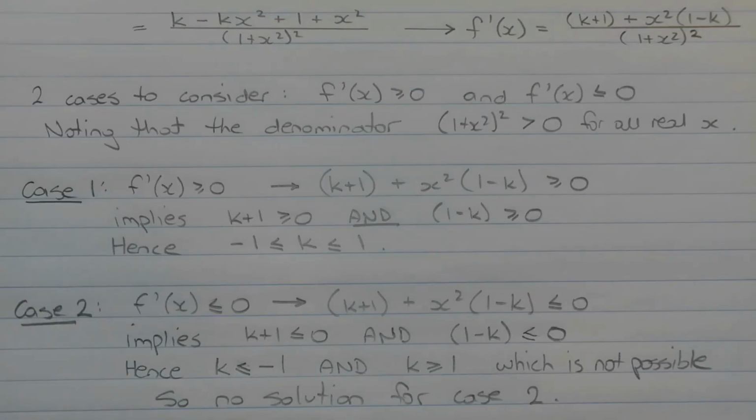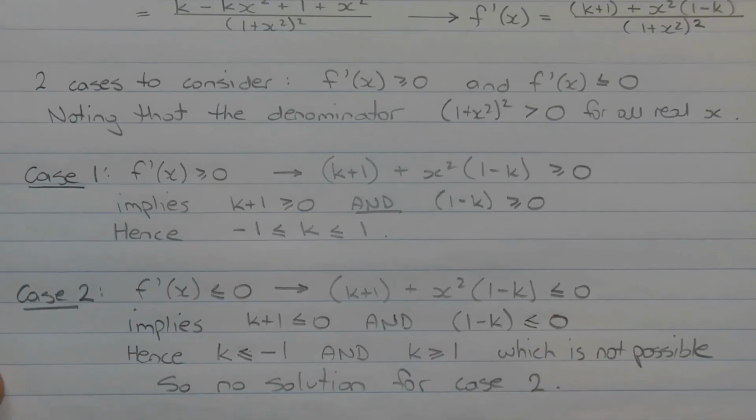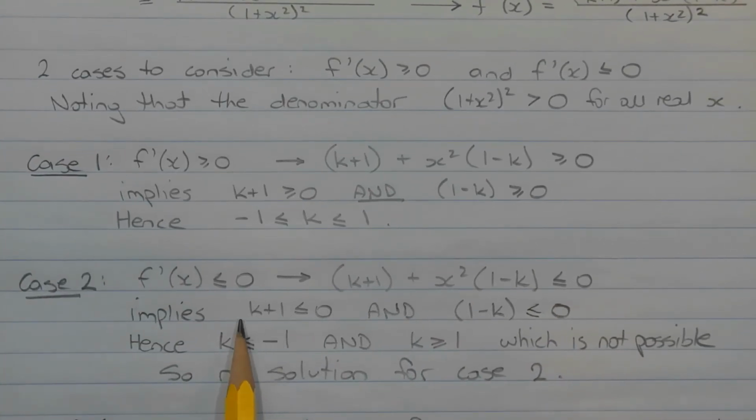Let's consider case 2, f dash of x less than or equal to 0. In other words, the numerator, (k plus 1) plus x squared times (1 minus k), less than or equal to 0. This implies that k plus 1 must be less than or equal to 0 and 1 minus k less than or equal to 0 simultaneously.